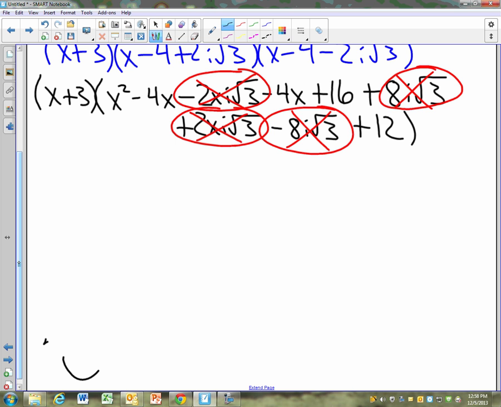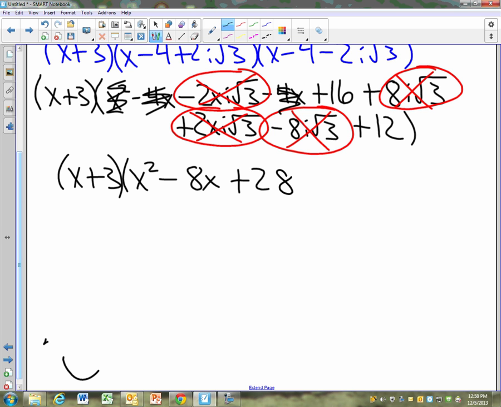So you can see that you have the x plus 3 on the outside, and then you have x squared. Good. Negative 4x and negative 4x make negative 8x. And then 16 and positive 12 make 28. That looks a little bit better, doesn't it? Okay, let's finish it off.